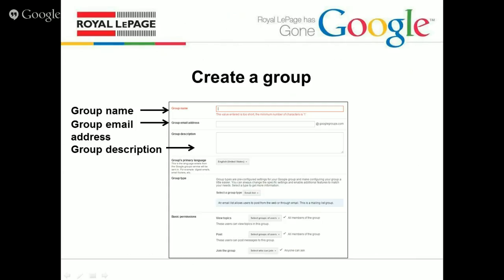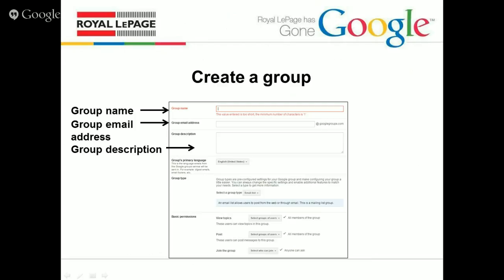Before I get talking too much about creating the group, I did also want to let you know that the IT team here at Royal LePage Canada is currently undertaking a project to create groups already for each location and each brokerage.